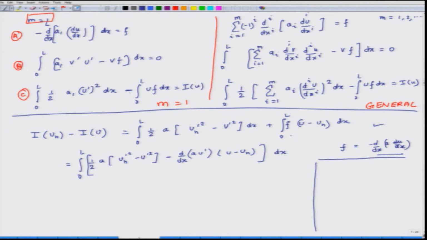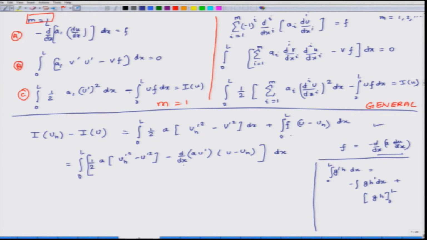Now, we know that if I have a function g and a function h, then the integration of g prime h between the limits 0 to L is nothing but the integration of negative g h prime dx, plus g h evaluated from 0 to L. This we have seen several times in this class.